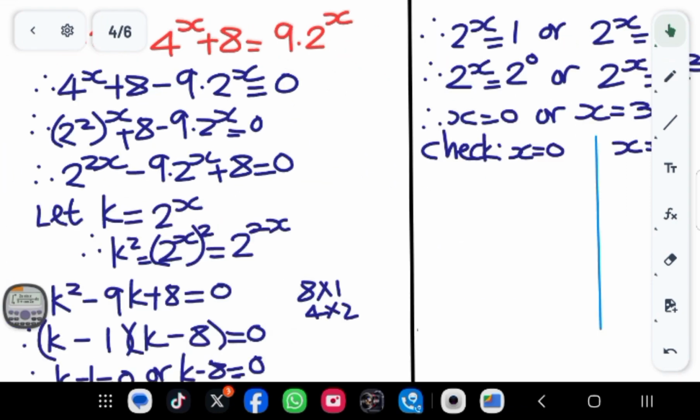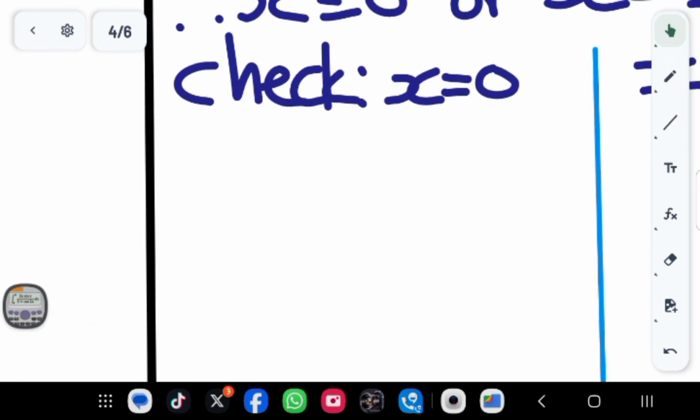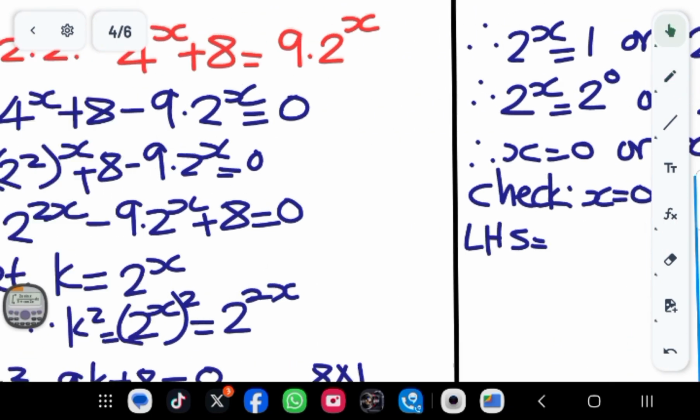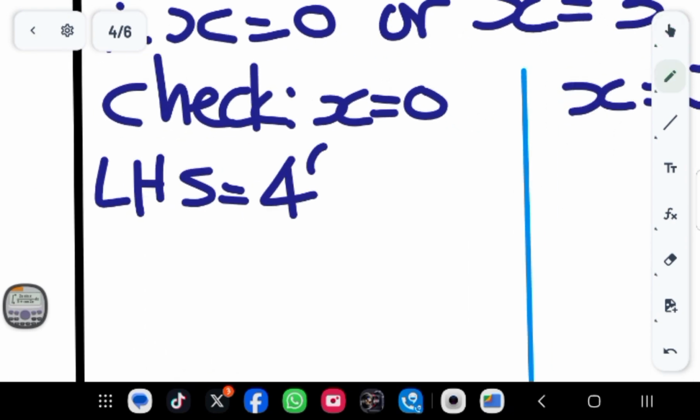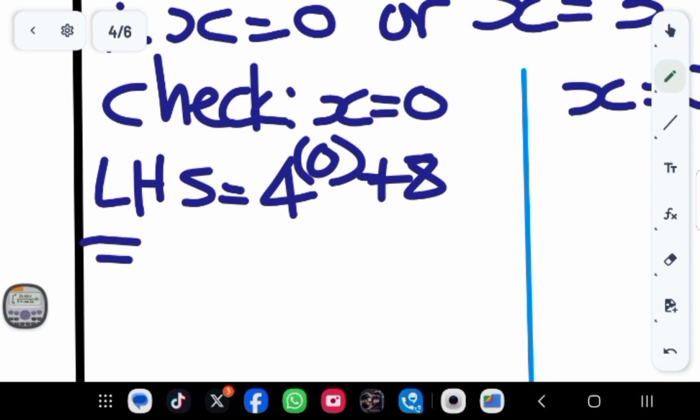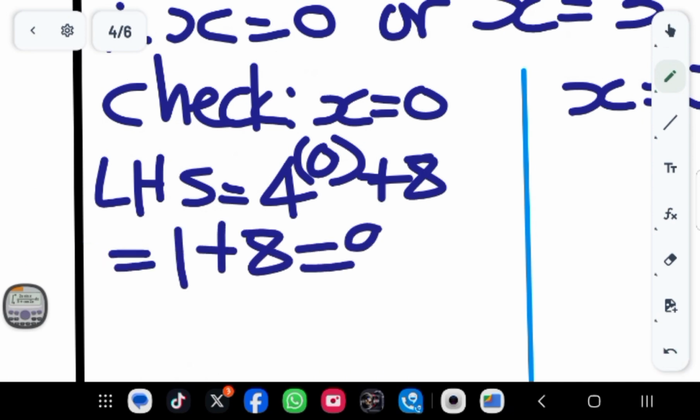We substitute back into the original equation, so where there is x, we put 0, so that will be 4 to the power of 0 plus 8. Anything to the power of 0 is 1, so that will be 1 plus 8, which gives us 9.